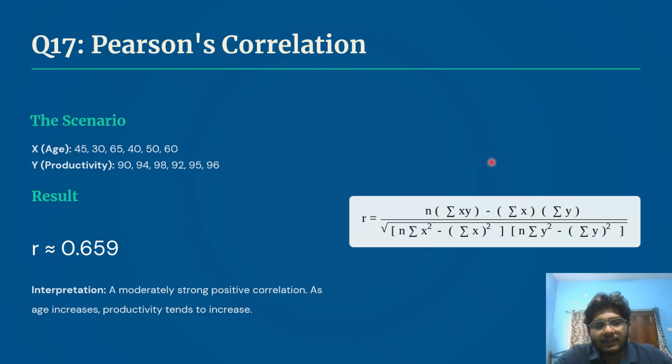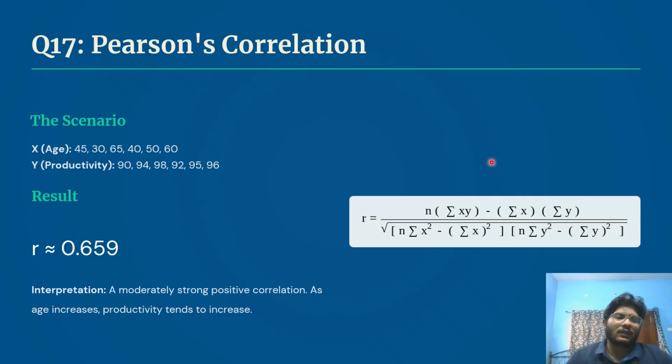Since r is 0.659, it is a moderate to strong positive correlation. The Pearson correlation coefficient between age and productivity is 0.659, which indicates a moderate to strong positive relationship, which means that as age increases, productivity also tends to increase. The variables are positively and strongly related.